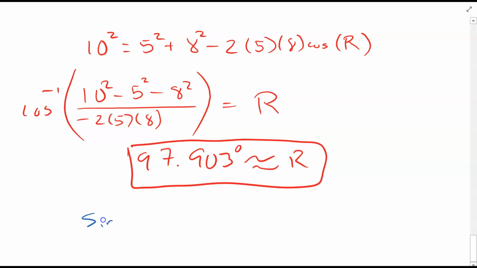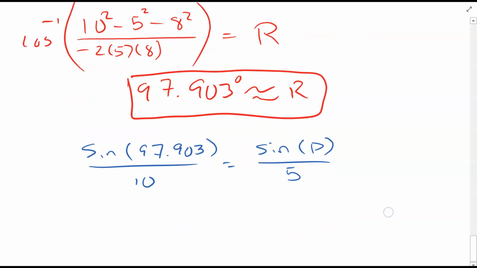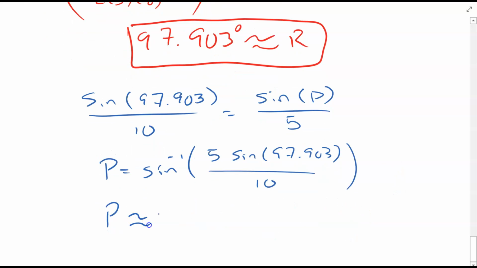So I'm going to say that I have sine of R over R is equal to sine of, it doesn't really matter for the sake of argument, I'm going to pick P. So if I cross multiply and divide and then take the sine inverse, I have P is equal to the sine inverse of 5 times sine 97.903 over 10. And if I type that into my calculator, I get that P is about 29.686.